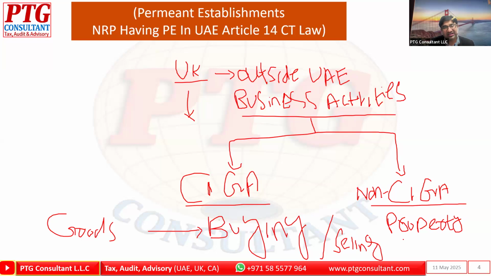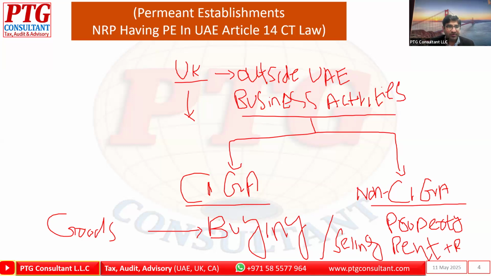If it is continuously buying and selling, then in the UAE they cannot do this activity on the same license. You have to take another activity, and then you come into the main business of real estate. But if you buy the property and give it on rent and you are getting monthly rental income, this is not your primary business.